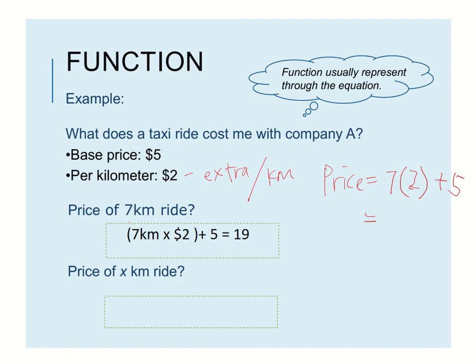Now, how about we make it a general one? We say it's X km. How much do you need to pay if it is X km? According to this formula, it's not 7 km, it's X km, so $2 multiplied by X km plus $5.